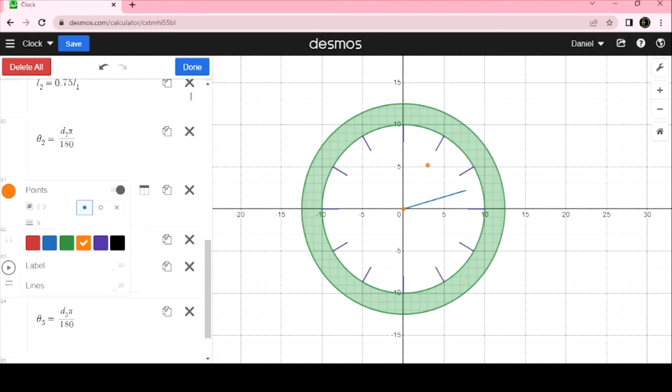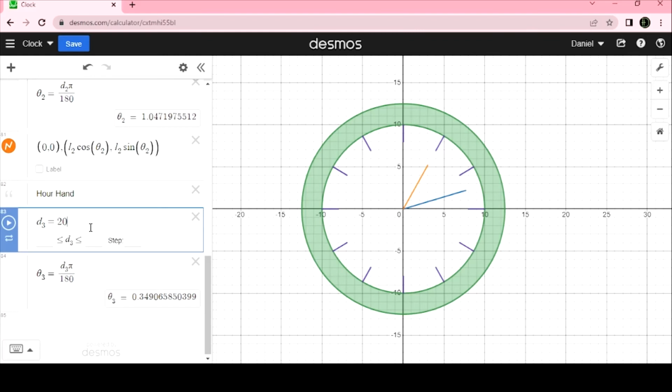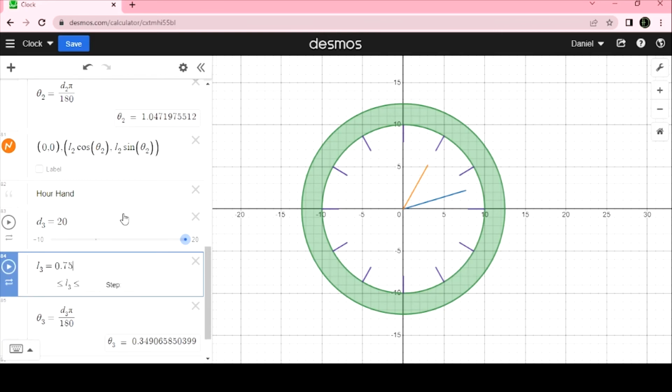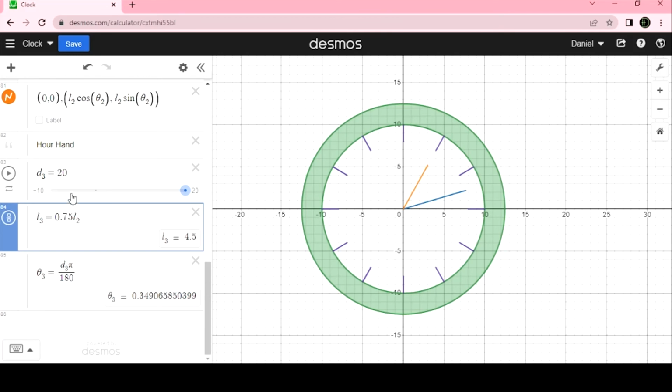You can pick any color you want. And for this one, we use the same scalar, 0.75. Technically, you don't need the multiplication dot. You just put your scalar followed immediately by the variable you want to scale by, and that'll get the job done.